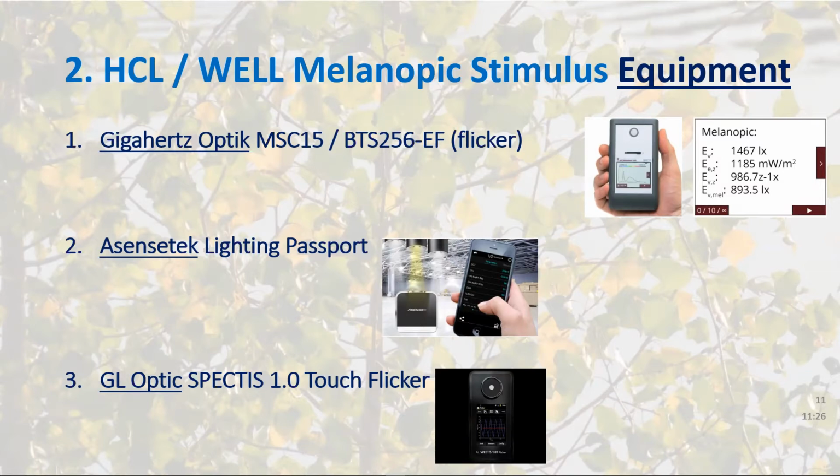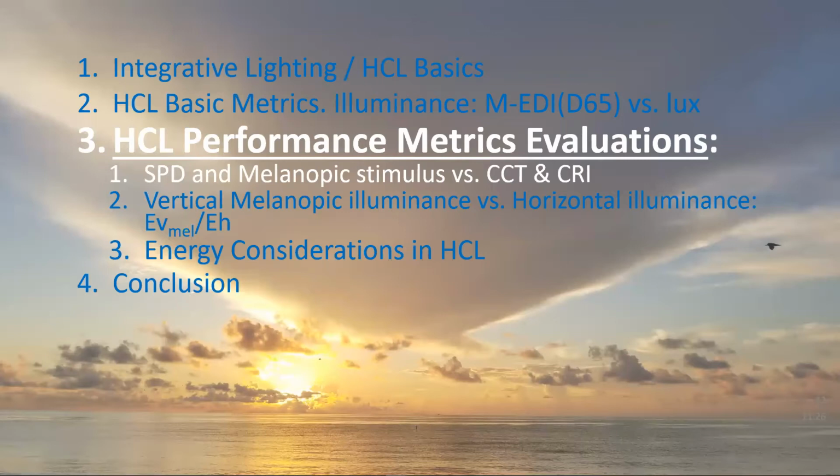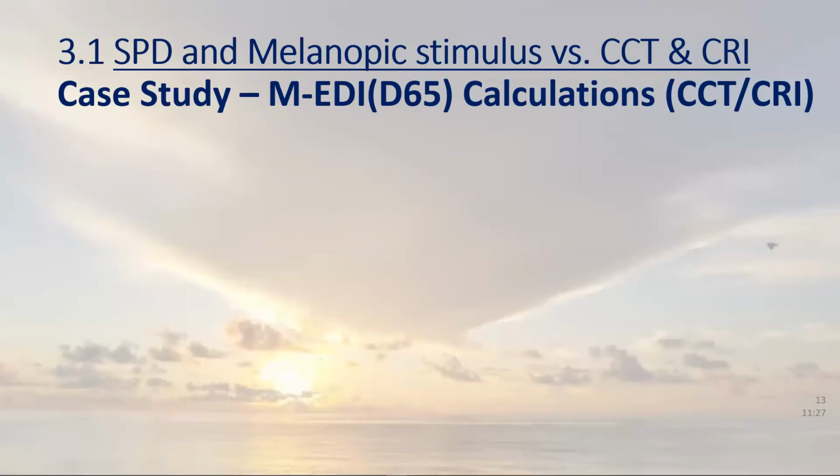But it's also a good idea that we calculate this on our own if we want to know what's going on behind the calculations. And this is what we are going to do here. So we will do calculations of melanopic equivalent daylight illuminance for different light sources of different CCT and CRI commercial LEDs and see what is happening.